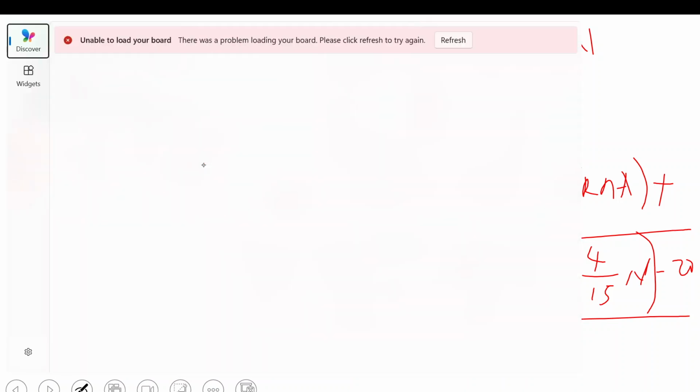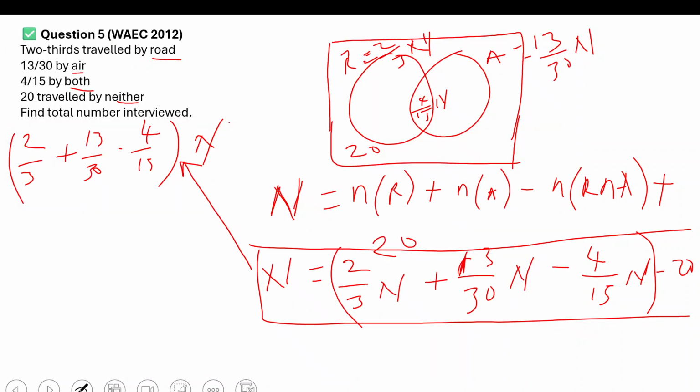So what is the LCM? The LCM here is still 30. So 3 into 30 is 10, 10 times 2 is 20, plus 30 into 30 is 1, 1 times 13 is 13, then minus 15 into 30 is 2, 2 times 4 is 8.